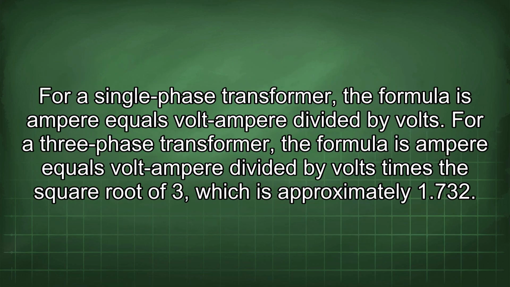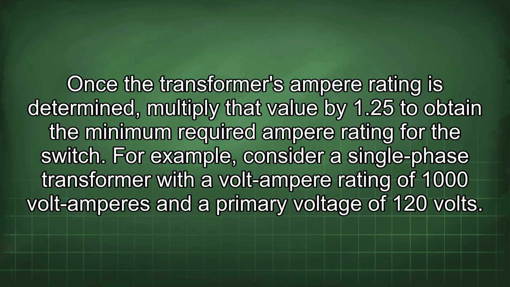For a single-phase transformer, the formula is ampere equals volt-ampere divided by volts. For a three-phase transformer, the formula is ampere equals volt-ampere divided by volts times the square root of 3, which is approximately 1.732.